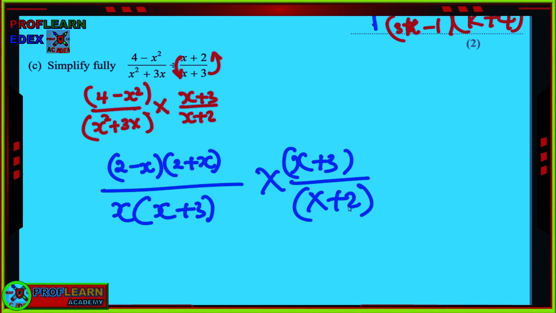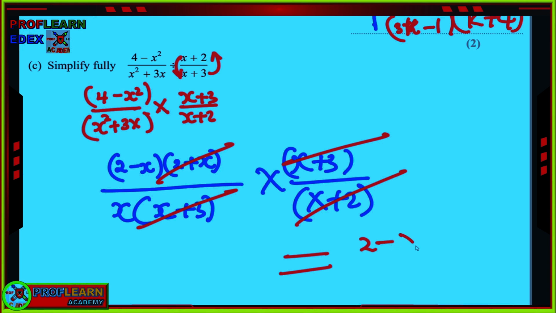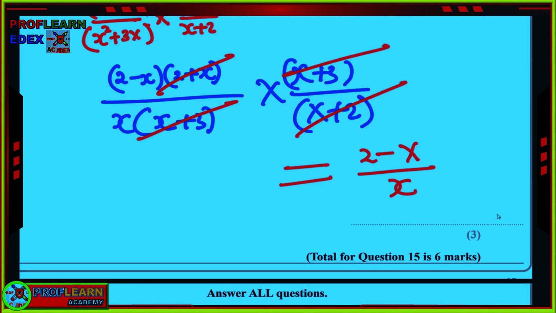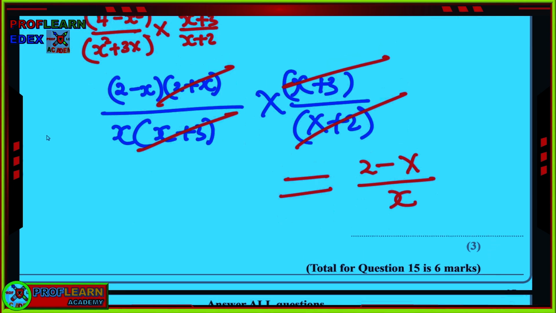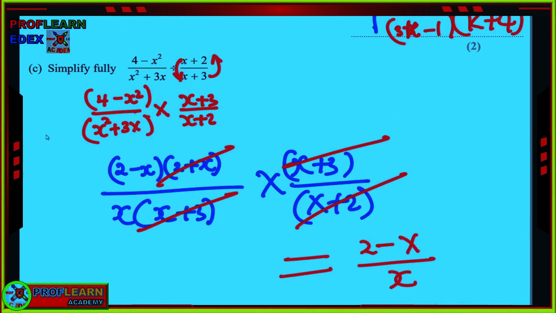You see, x plus 2 is the same as 2 plus x, so at this point we can cancel these, and this can cancel out. We end up having 2 minus x over x as the final answer. So you need to know how to work out questions like this. Practice more, and with practice you'll be able to ace your grade.